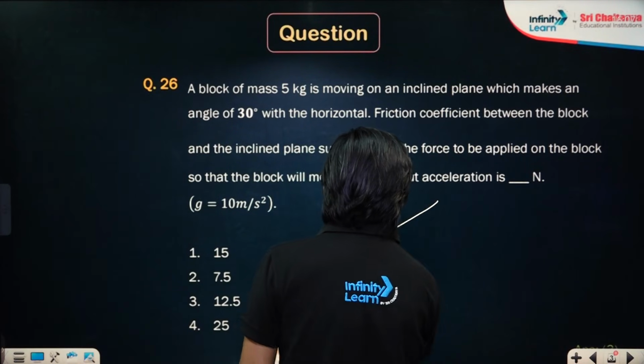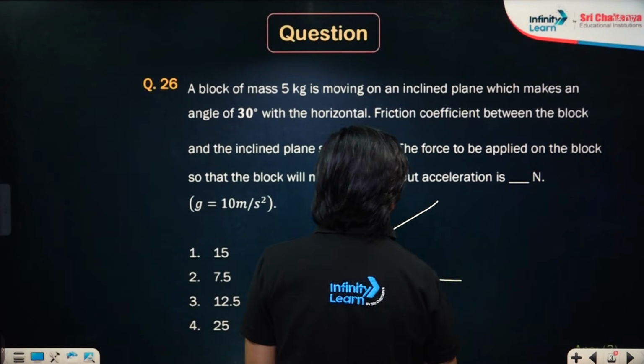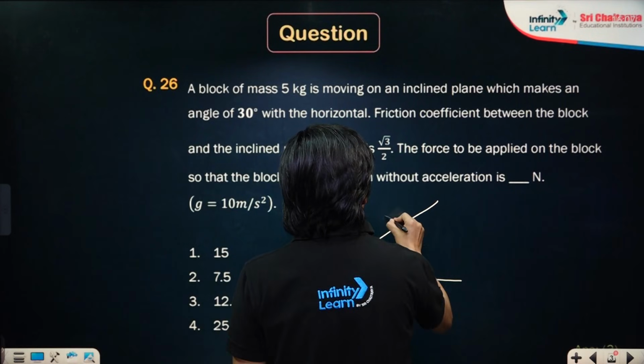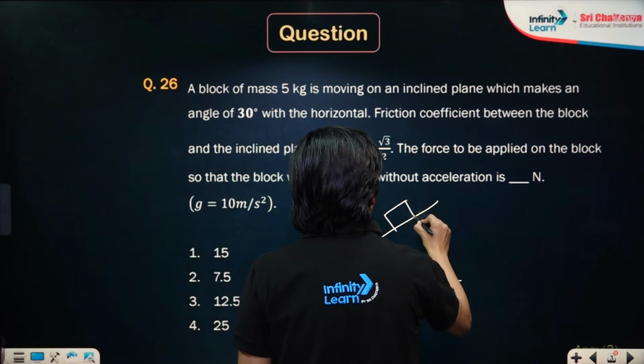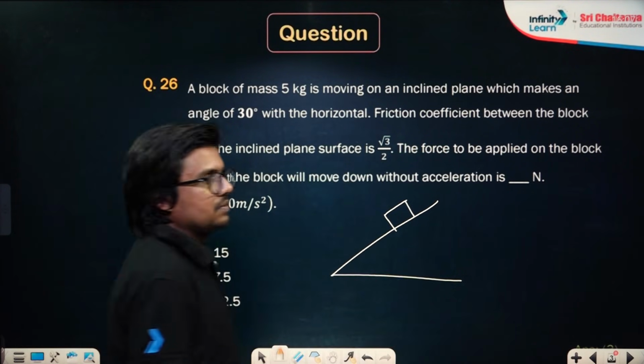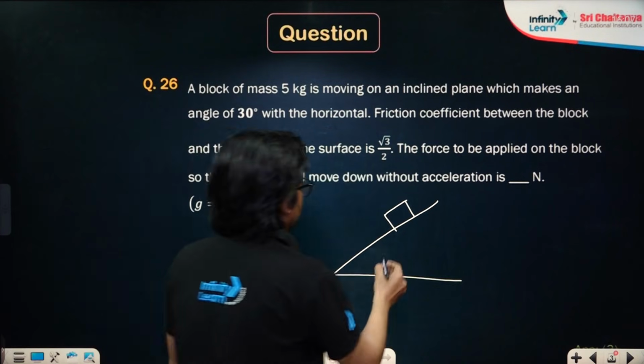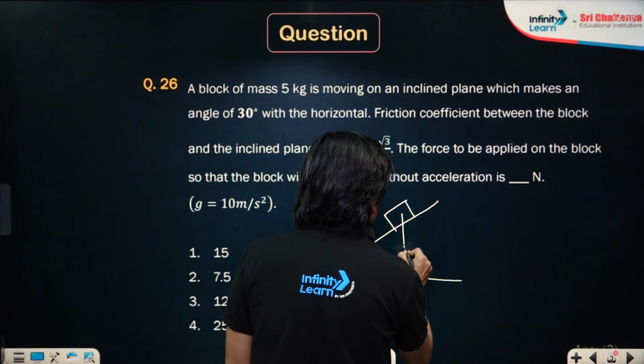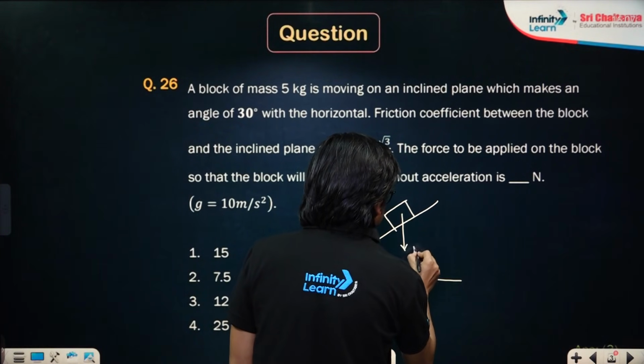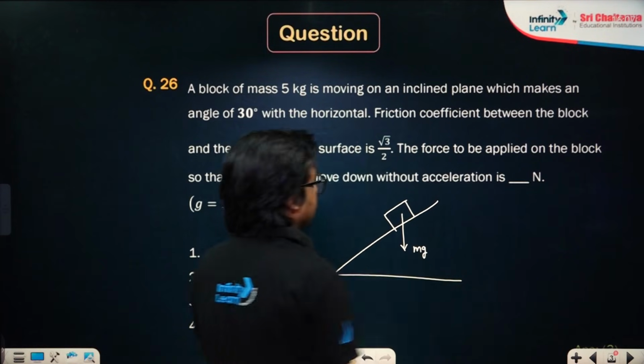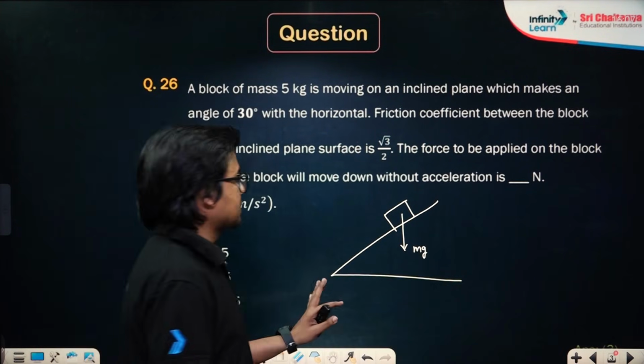Suppose this is the inclined plane, and there is a block over it. If I draw the weight of it acting through the center of gravity, this is the weight, mg. It is going to have two components, one that is parallel.